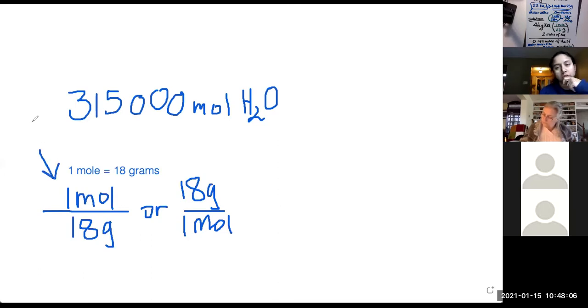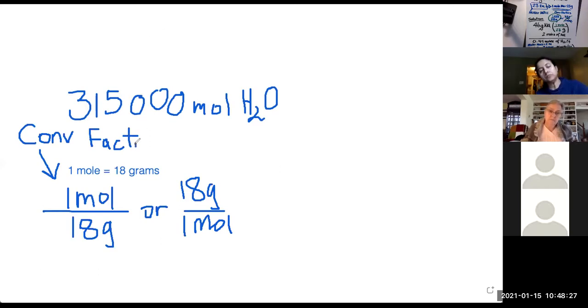Are they called conversion factors? Yes, very good. So these are our conversion factors. And the question here is a conversion. They're saying, if you have 315,000 moles of water, they want to know how many grams. So that's the question.